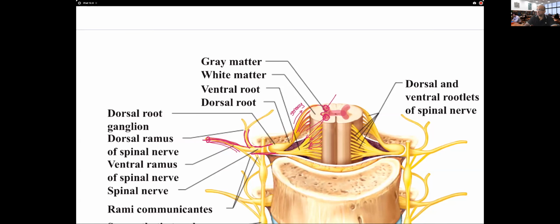So again, looking here at the structure of the spinal nerves, a spinal nerve has a dorsal root and a ventral root. When they fuse together, they form a spinal nerve. Each spinal nerve forms 2 branches, a ventral and a dorsal ramus.